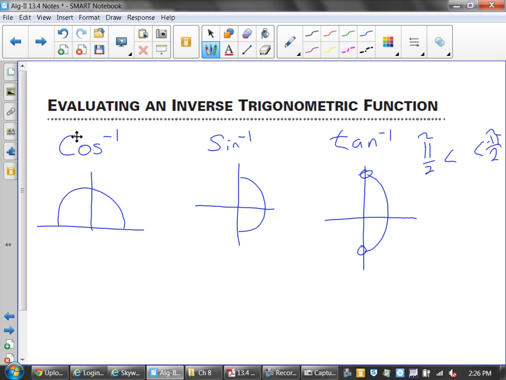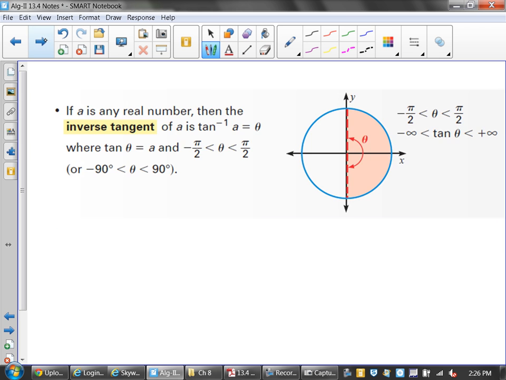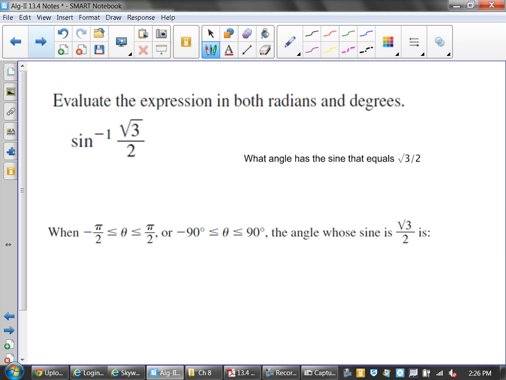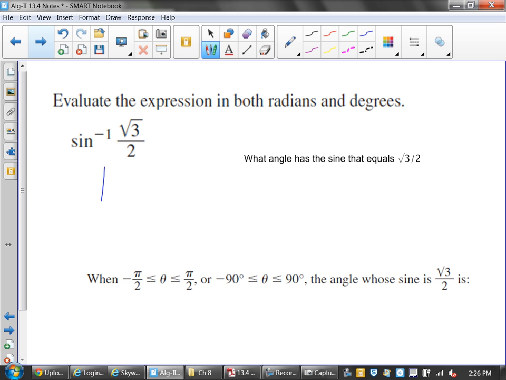When you see a couple of these examples, it's very, very easy. Let me show you one. If I want to talk about this inverse sine of root 3 over 2, by now, all of you guys know what triangle I'm working in with root 3 over 2. 30, 60, 90. Good. So I'm working in a 30, 60, 90 triangle, and we're finding the degree.